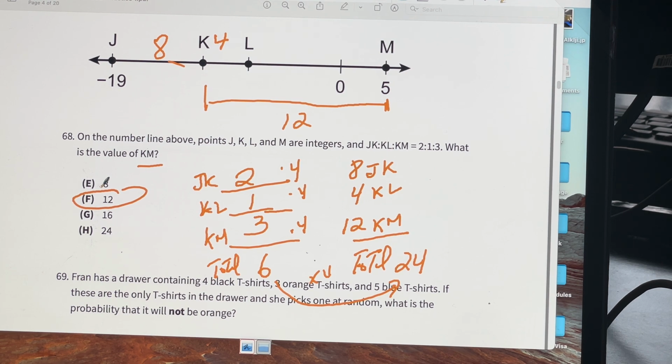Hang on a second, guys. Did I do something wrong? JK, yeah, it's 8, KL, and then what is the last one? KM.